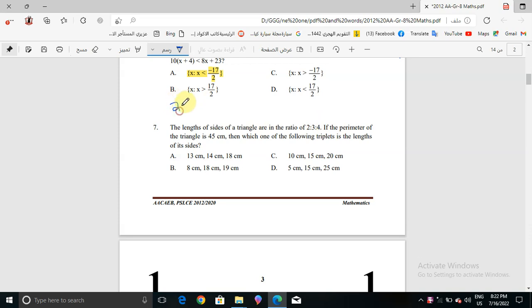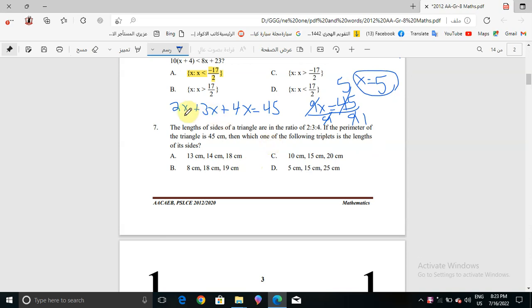So that means 2x plus 3x plus 4x, which is equal to 45, right? So that means 2 plus 3, 5, 5 plus 4, 9. That means 9x is equal to 45, right? Then divide both sides by 9. Then here by 1 and here by 5. So that means x will be 5, right?